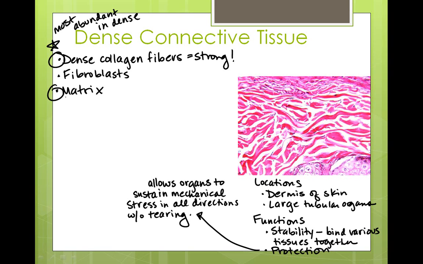While in loose connective tissue, the most abundant part is the matrix. And that's all that I have for you to know about dense connective tissue. Thanks.